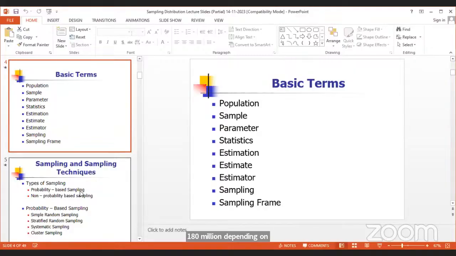So the population size is the number of units in that population, while population is the collection of all the units of a specified type in a target universe.